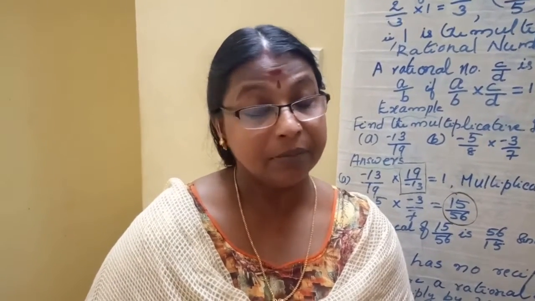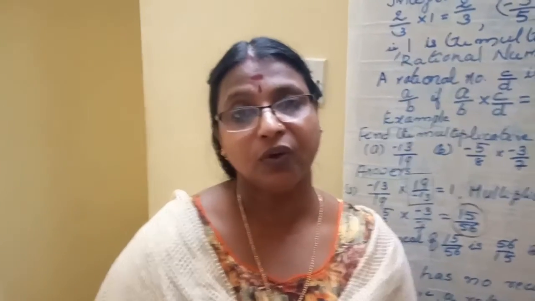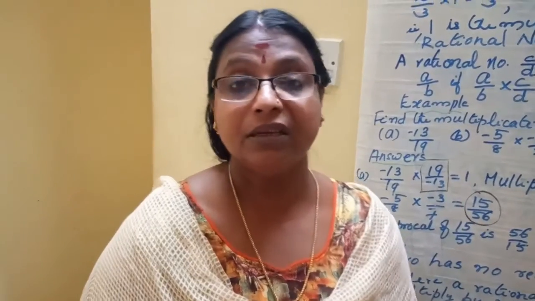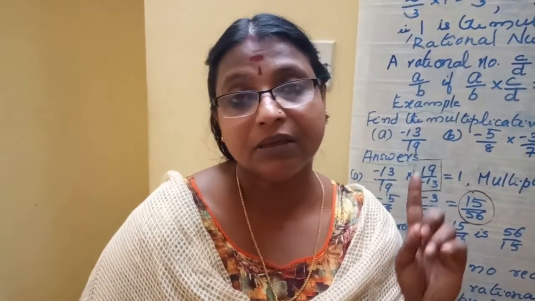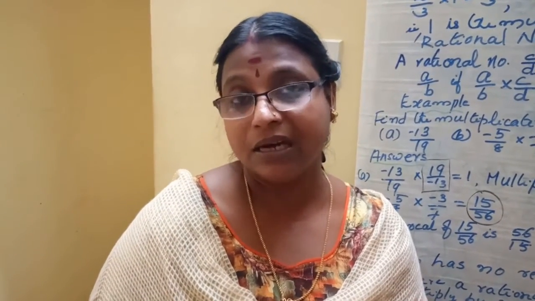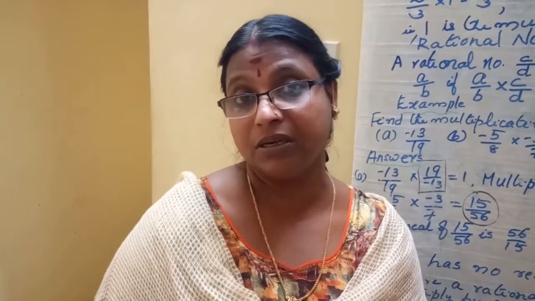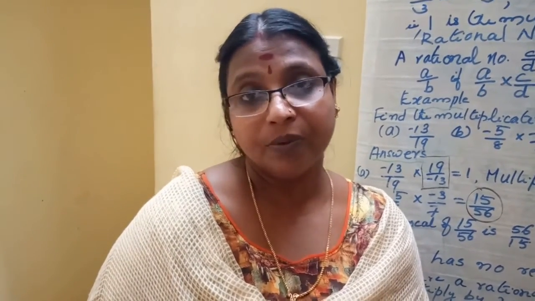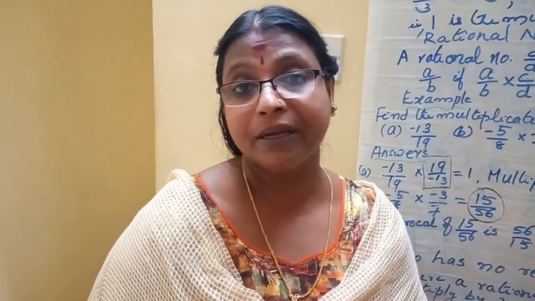Similarly, for that collection of rational numbers, we can say that 1 is the multiplicative identity. But what is multiplicative inverse? Is it for that set? No. Multiplicative inverse is for a rational number. Similarly, additive inverse is for a rational number. Now get it clear? I hope all of you understand this topic clearly.